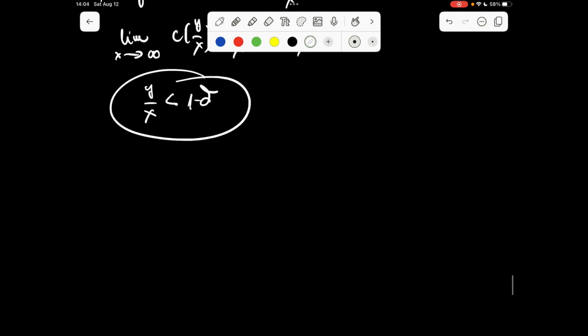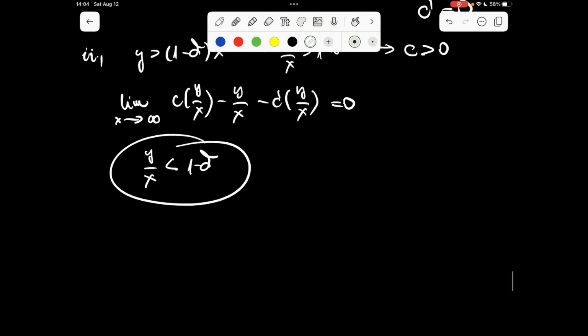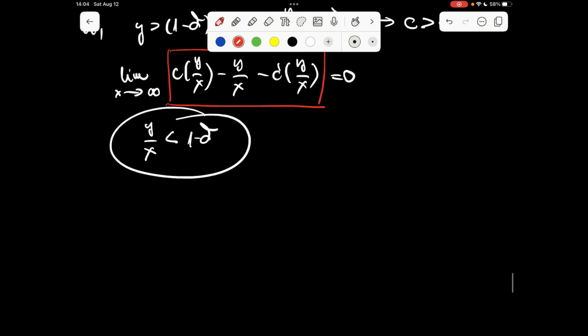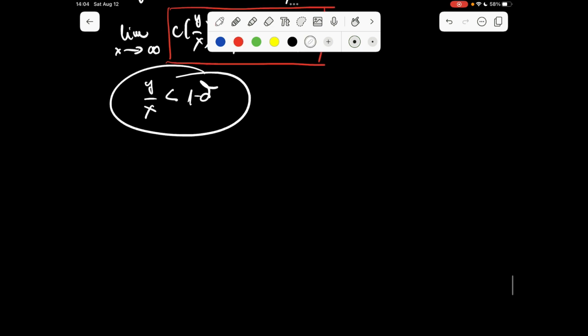So what we need to do is to characterize this function as the function of x by derivating the function with respect to x.